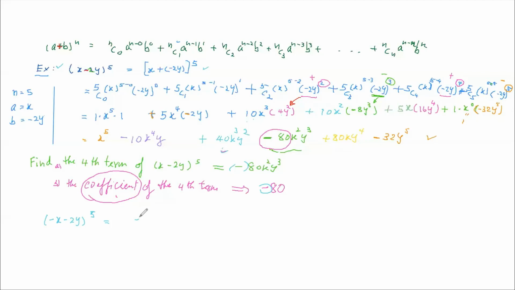So you can write negative x like this, plus negative 2y, and then the whole thing to the power 5. Then you replace: a equals negative x, b equals negative 2y, and n equals 5.